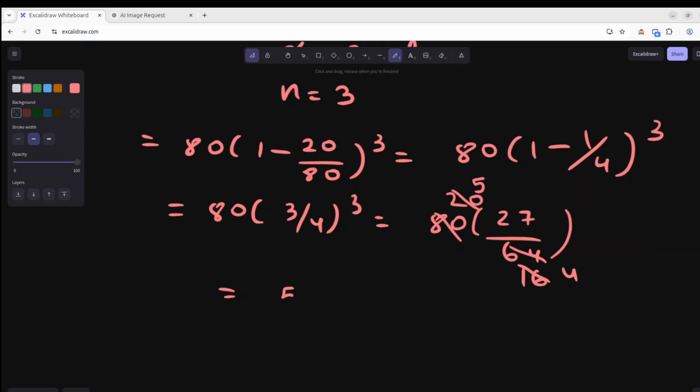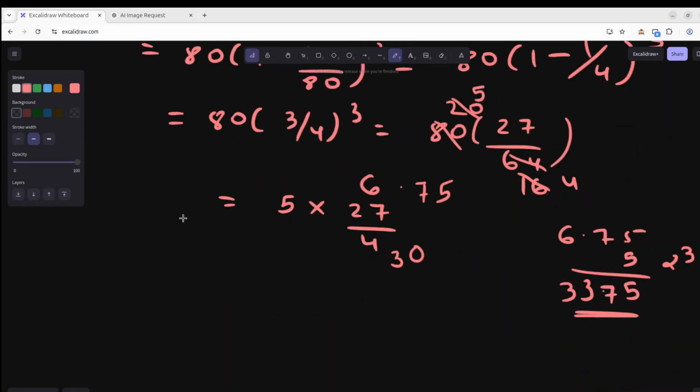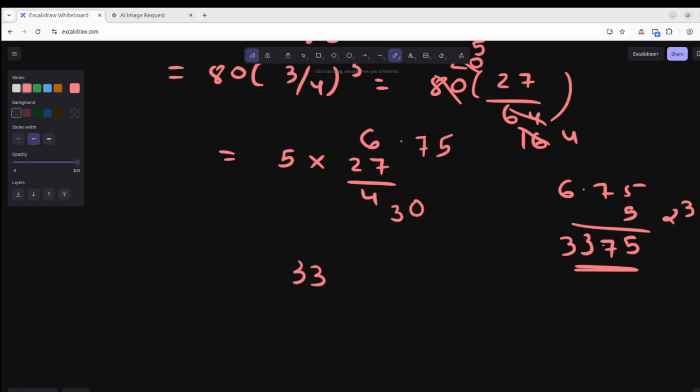This is equal to 5 into 27 by 4. 27 by 4 means, let us solve this. 6 4 24, 3, 7, 5. 6.75. 6.75 into 5 is 33.75. So the quantity left is 33.75 liters.